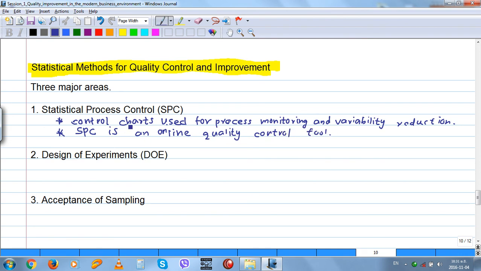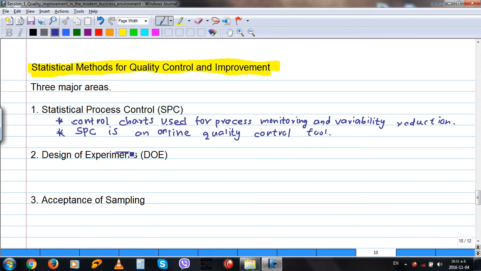Right. Next we can discuss design of experiments.